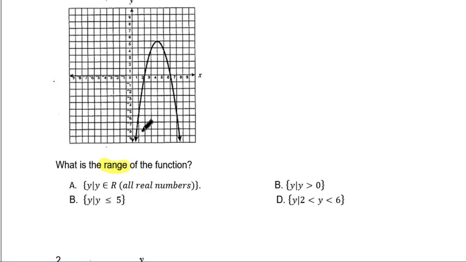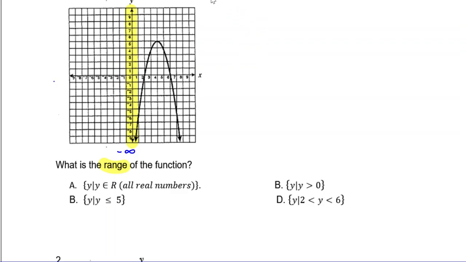So when we're looking at range, we look at the y-axis. Actually, let me start drawing it from bottom to top, because anytime we look at the range, we always want to start at the bottom from negative infinity and then move up.